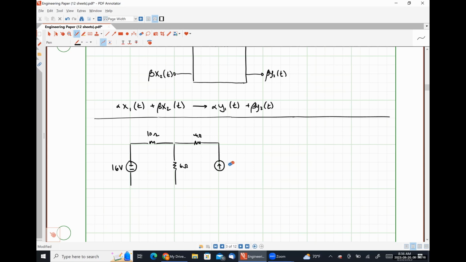Excuse me, 4-amp source here. Here is my quantity Ix. So if we scaled our inputs by a factor of 2, what should we expect our output to be?